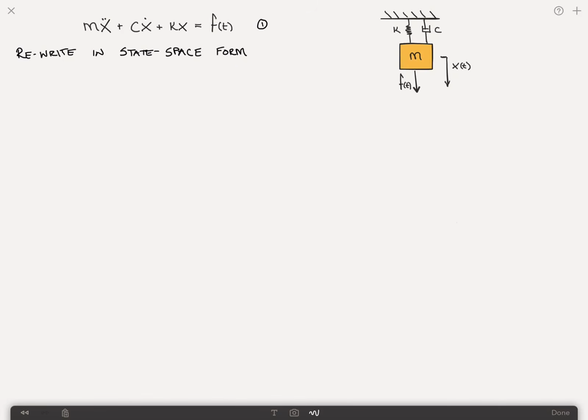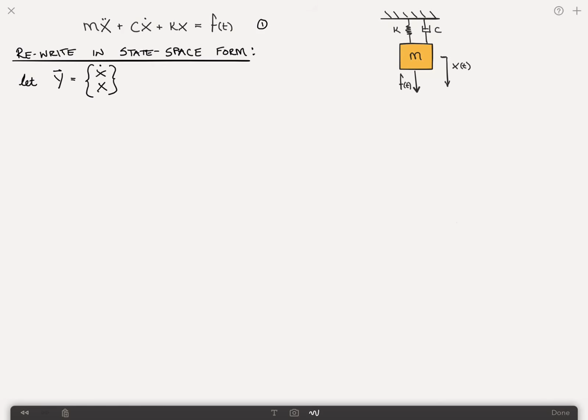And again, the idea is we want to take the second order differential equation and write it as a first order differential equation. And the way we do that is we define a vector y. We say let some vector y equal x dot, x. So I'm defining a vector where I take the coordinates x dot, the velocity, and x, the displacement.